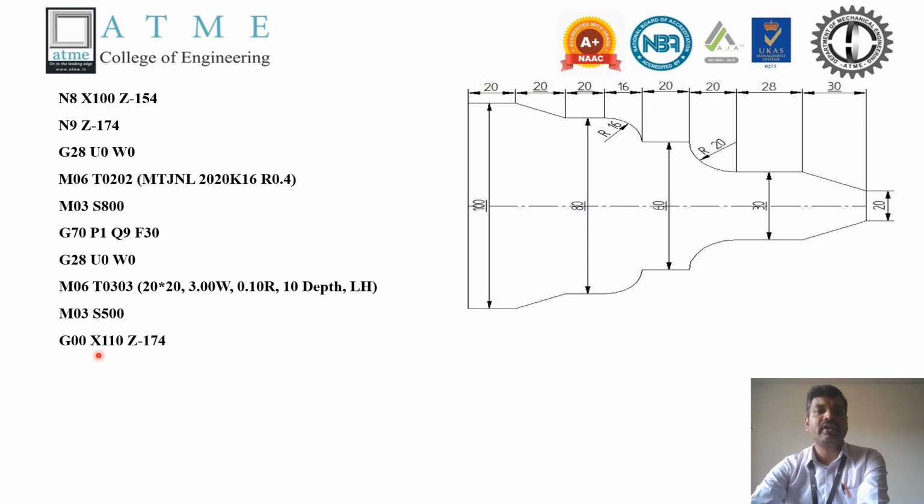You can observe here X110, so this is 100, so 110 just above that, and Z minus 174, because it is going to part off this entire thing from the raw material. Then the tool will be here, the tool has to move to X0 linearly till here, with the Z value remaining the same, minus 174.